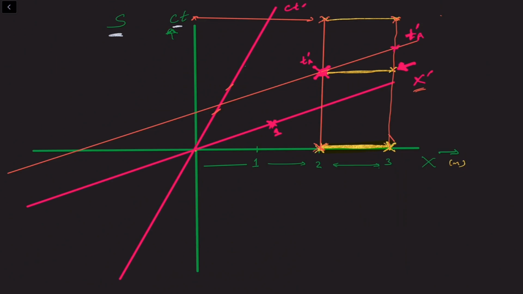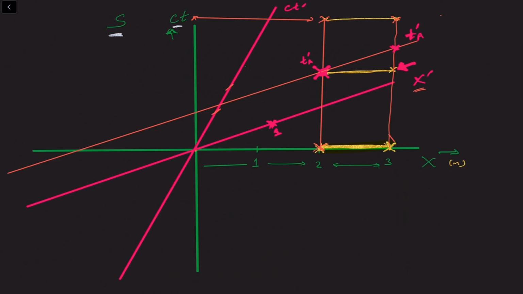It's just that this location in space and time is not a simultaneous measurement according to observers in frame S. Now, having located these two endpoints, we need to find their x prime coordinates and take the difference between them to find the length of the rod as measured in frame S prime.